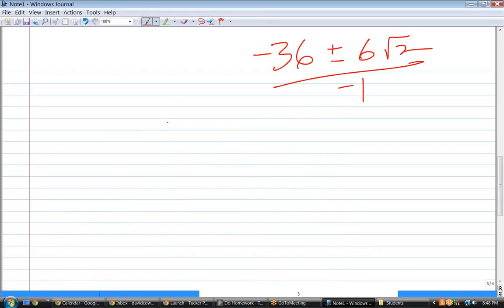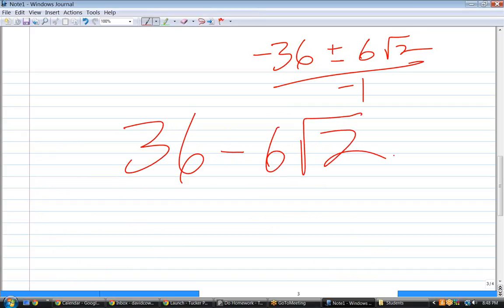So again, that's 36 minus 6 root 2. Root 2 equals, hold on, 1.41. I'm going to multiply it by 6.